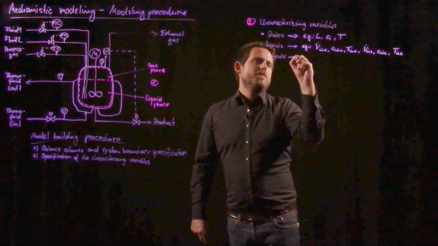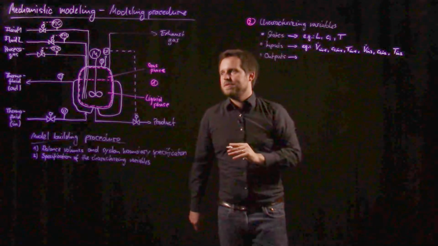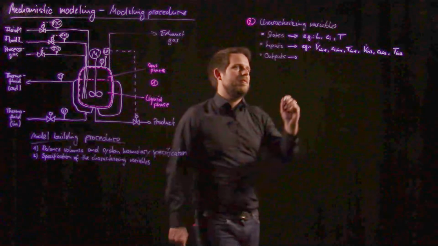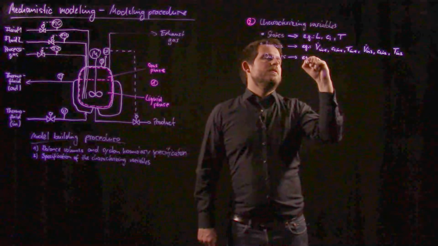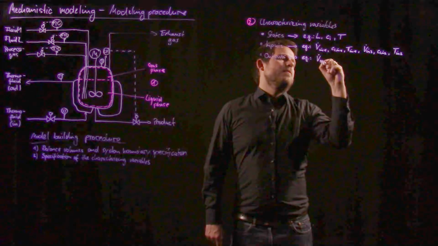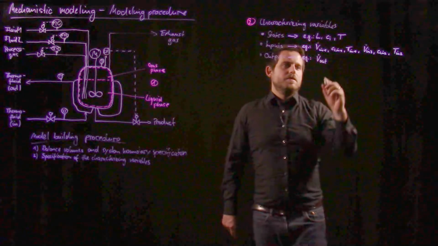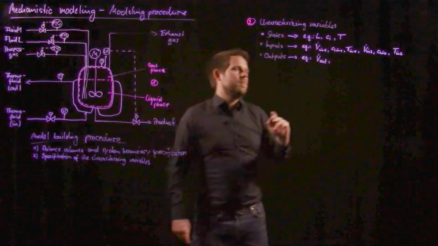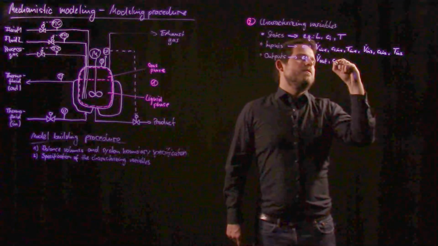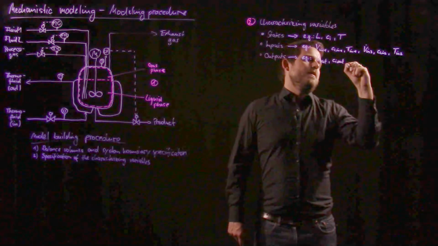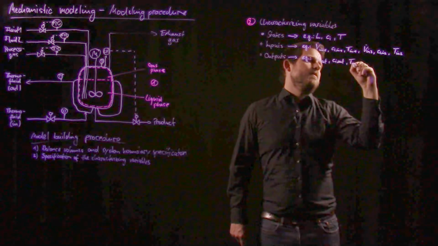And as an output, or as outputs of the system, we might have, for example, this flow down here, so e.g. the V dot out. And we could also say, related to this output, again, we have these concentrations, Ci out, and also the temperature T out.